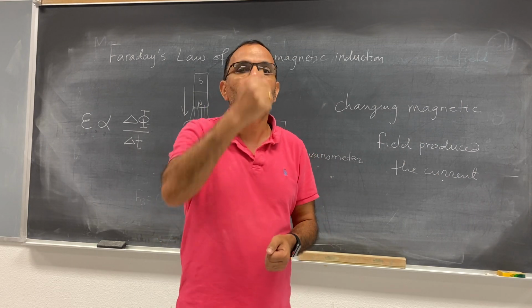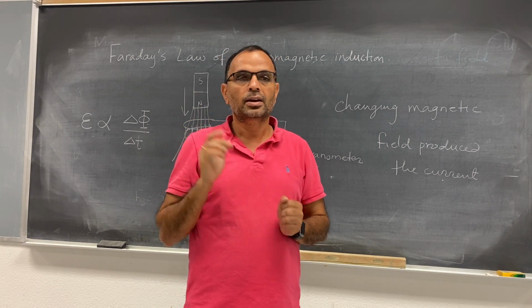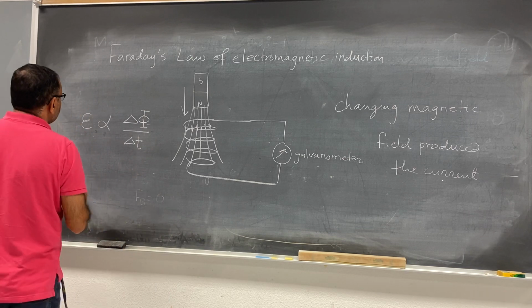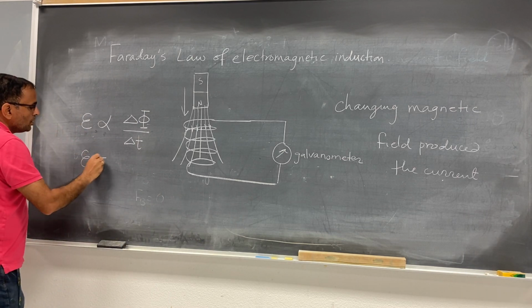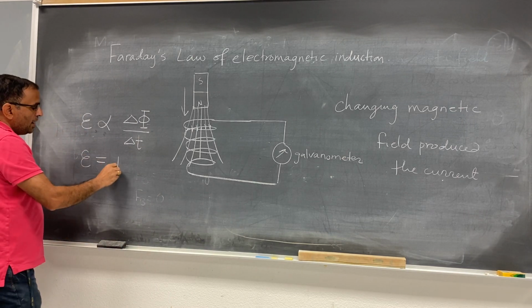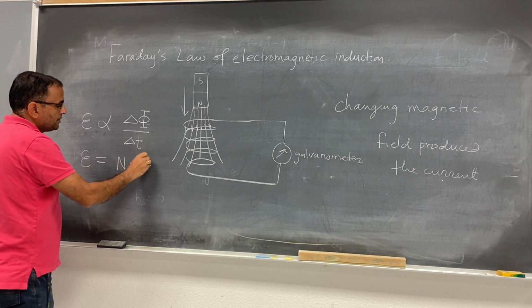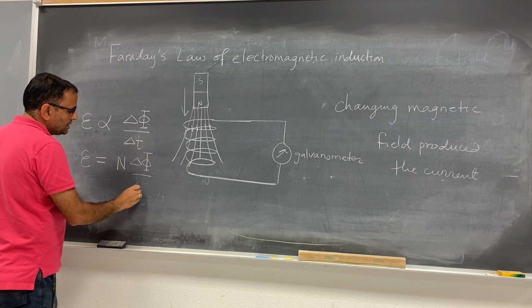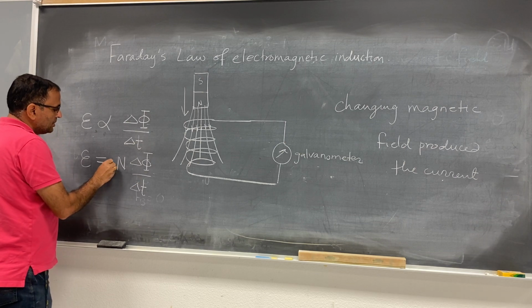If you do it very slowly, then a small current. And this equals, you can write down N delta phi divided by delta T, and put the negative sign.